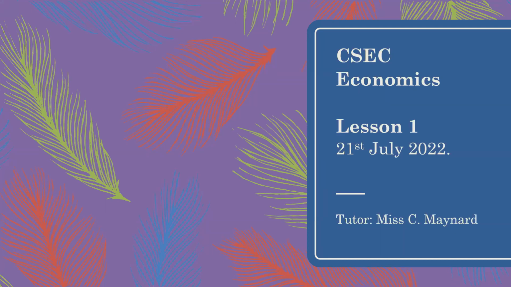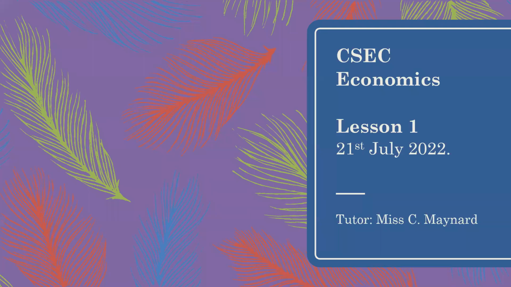So for CSEC Economics, we are doing this for the CSEC exam. What I didn't mention yesterday for POB is that you have a structured paper, which has instructions on how to complete it. That is your Paper 2.